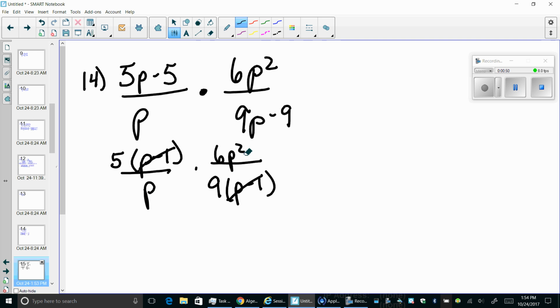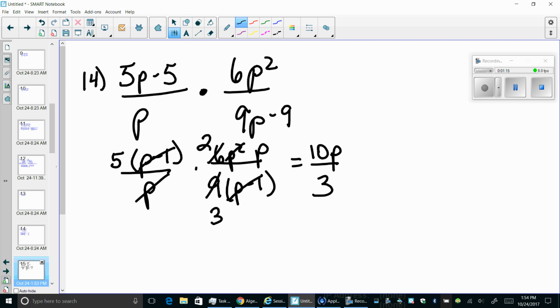I have a p here and a p squared here, so I could take away a p and it'd leave me with just one p on the top. And then I have a 6 on the top and a 9 on the bottom, and those have a common factor of 3. 3 goes into 6 2 times, and 3 goes into 9 3 times. So I end up with 5 times 2 times p on the top. That's 10p on the top, and then 3 on the bottom.